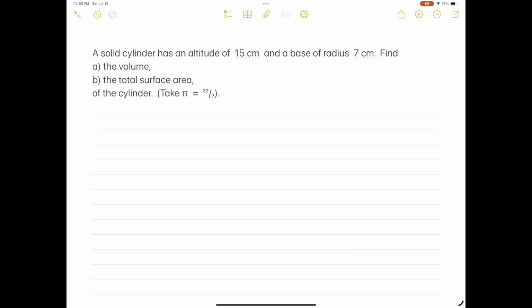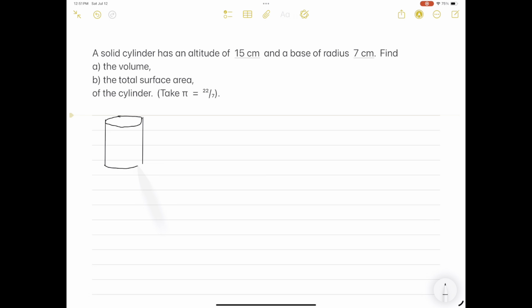A solid cylinder has an altitude of 15 centimeters and a base of radius 7 centimeters. Find A, the volume, and B, the total surface area of the cylinder. Take pi equals 22/7.